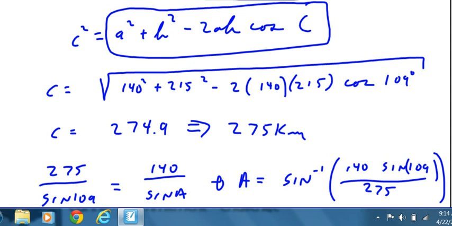I'll put it in again, but it looks like I put it in right. So square root of 140 squared plus 215 squared minus 140 times 215 times the cosine of 109. Now I still get 275.